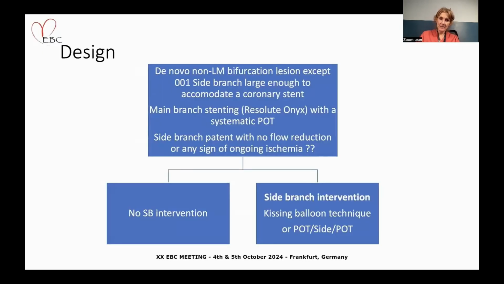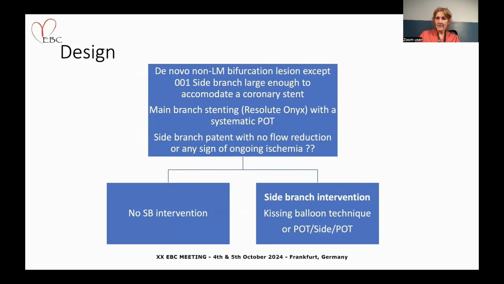The design of the study was all de novo non-left main bifurcations, except 001 Medina, with a side branch that the operator felt was large enough to accommodate a coronary stent. Main branch stenting was performed using the Resolute Onyx stent with a systematic POT.